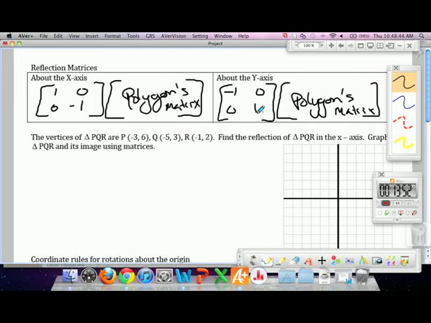So for polygons in general, if we can represent them as a matrix, for example, this triangle, we represent the polygon with column vectors. I'll represent each of these points as a column in my matrix. So P, Q, R would be -3, 6, -5, 3, -1, 2.